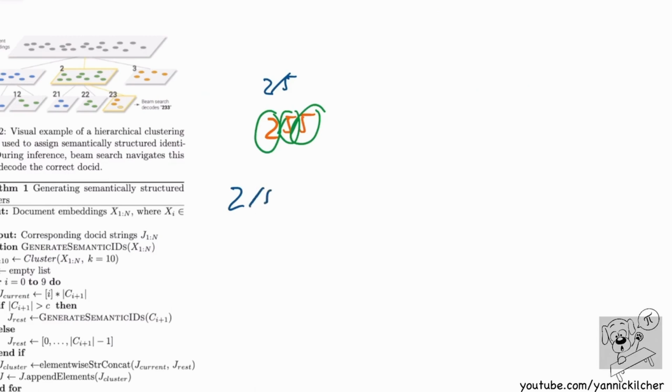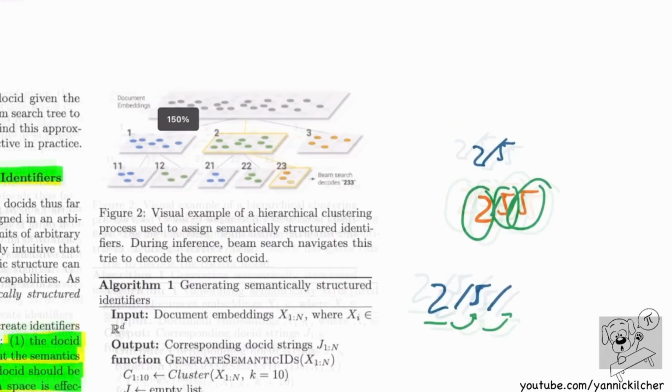And then in 2/5, there are all the things that talk about electric appliances in the household. And then inside of that, there might be some documents, but the model could consider step by step. The model would first consider outputting the supergroup, and then condition on that in order to output the group, and then condition on that in order to output the next level. So that's what they do.